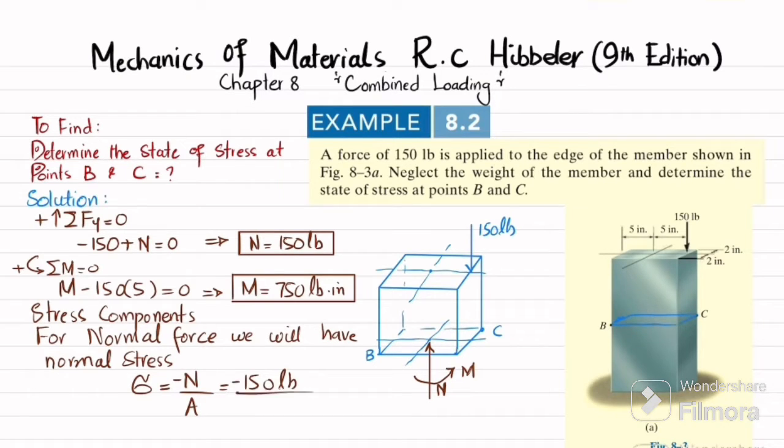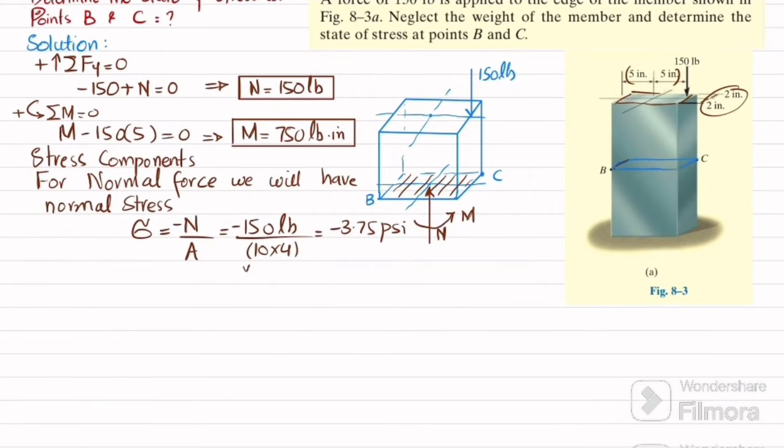So N divided by A. Now what is A? You can see A is this area over which it acts, and this area is equal to, length is 10 inch and width is 4 inch. So 10 multiplied by 4 is equal to 40. Clear? So when you solve this, you will get minus 3.75 psi, or you can also say that this compressive stress is equal to 3.75 psi, and that is in compression.